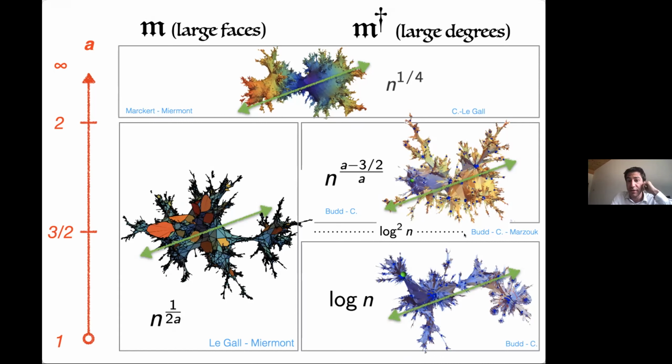Also, with Timothy and Cyril, we studied the critical case when a is 3/2, a special case actually, where the diameter should be of this strange logarithm squared. Okay, so no scaling limit is expected in those regimes there.